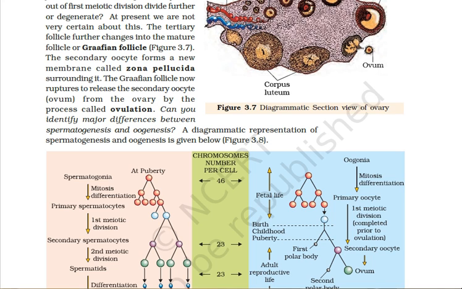The polar bodies contain a minute quantity of cytoplasm, as they allow the ovum to have sufficient cytoplasm for extra chromosomal inheritance as well as for early development of the embryo.